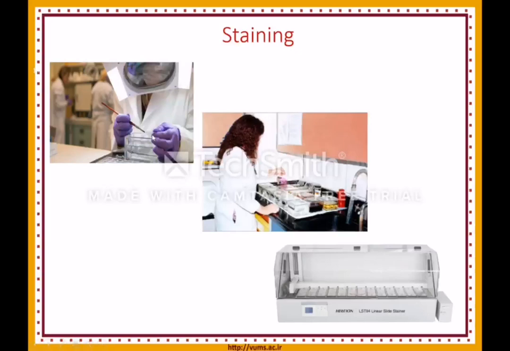You know the slide is very thin glass. We put the tissue and attach it to the slide with some glue, such as albumin and glycerin glue, and after that the staining is done in the laboratory. Here there are some jars that contain some materials and also two stains that are generally used in the histology and pathology laboratory, hematoxylin and eosin staining.